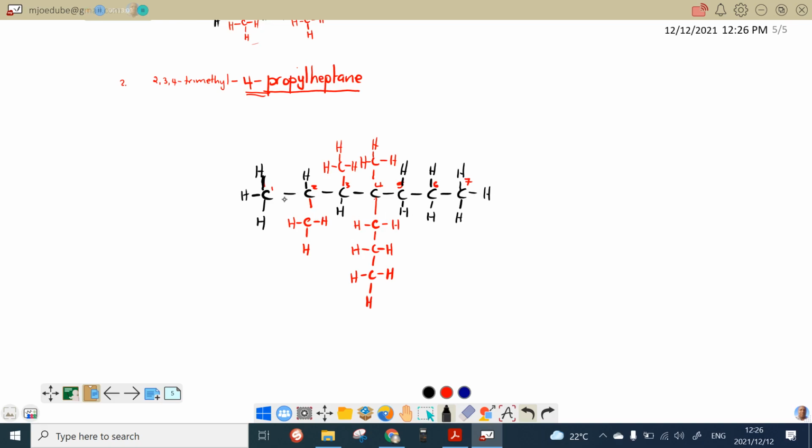So now when that is said and done, you check that every part of the name is taken care of, and that is how you would represent your 2,3,4 trimethyl 4-propyl heptane.